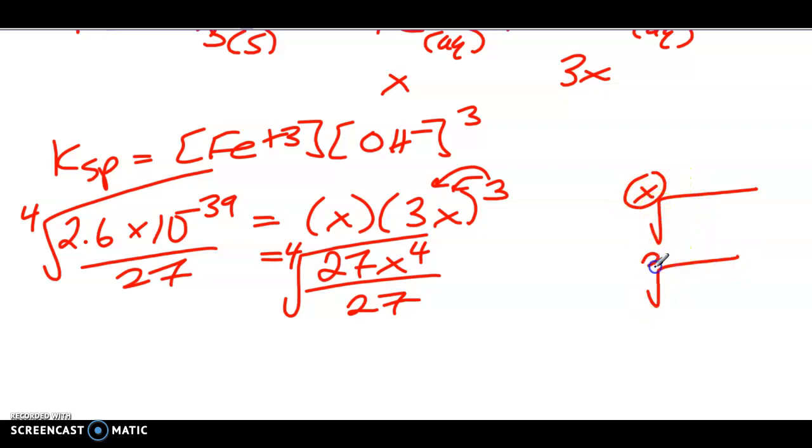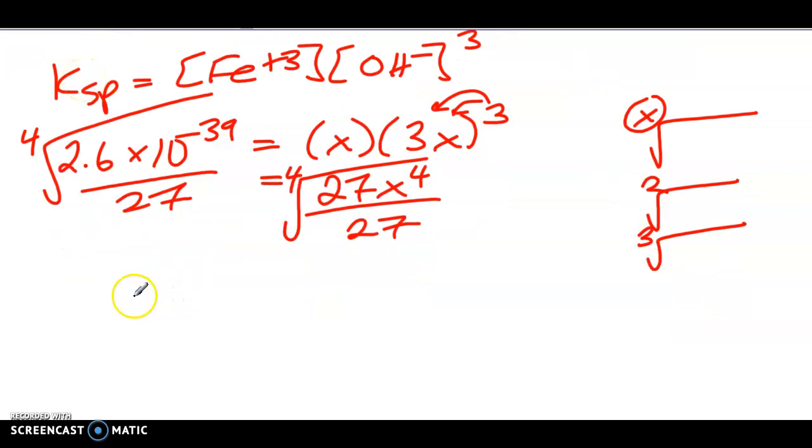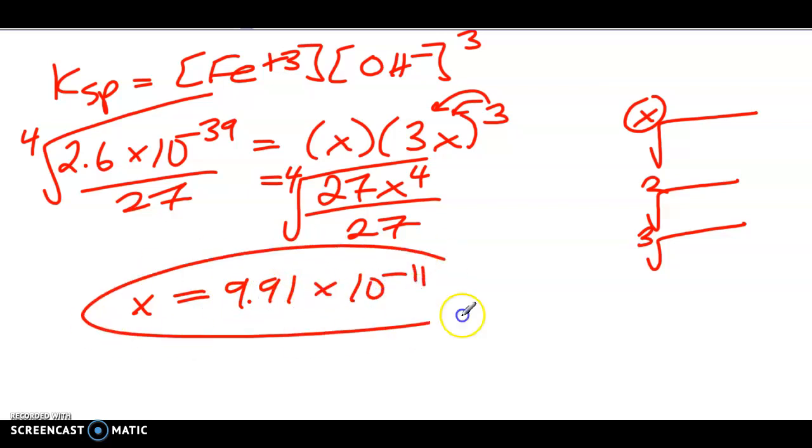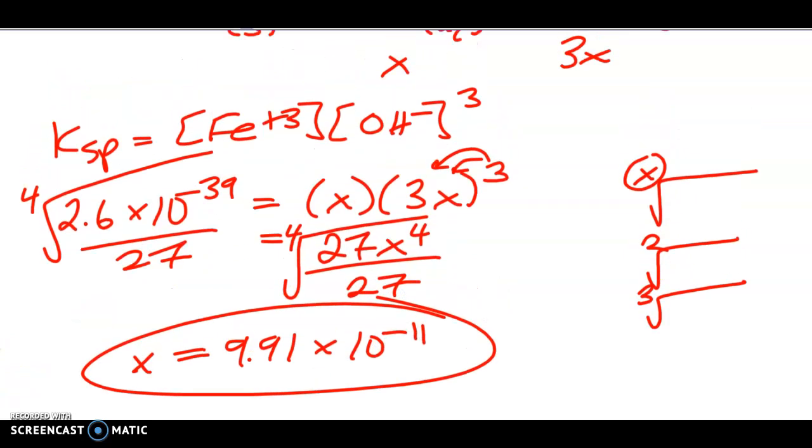So you probably have a square button and even a cube button, but there is one that you can apply multiple different roots to. Okay, so in this case, we end up getting a value once everything is said and done of 9.9 times 10 to the negative 11. So very, very, very low solubility.